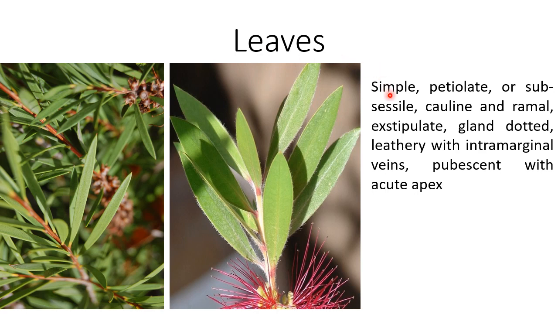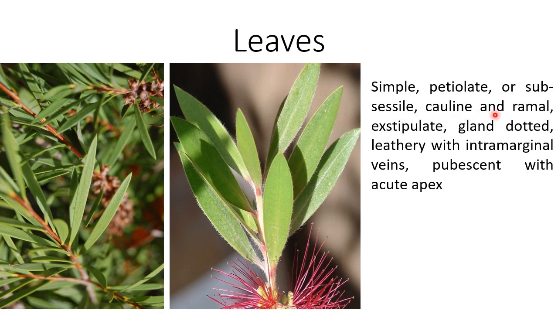Leaves. The leaves are simple. Every individual leaf is single, and hence it is called simple. It is either petiolate or subsessile. If you look at the base of every leaf, the petiole is either absent, or if present it is very small. That's why it is called subsessile or petiolate.